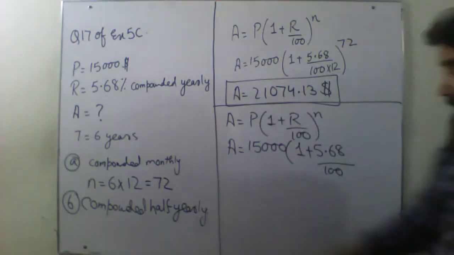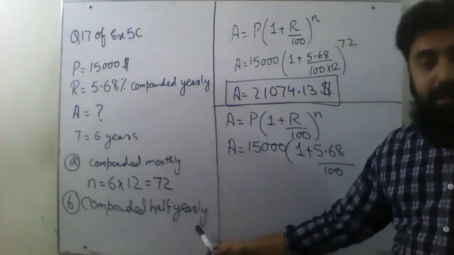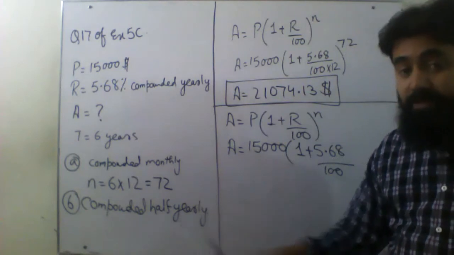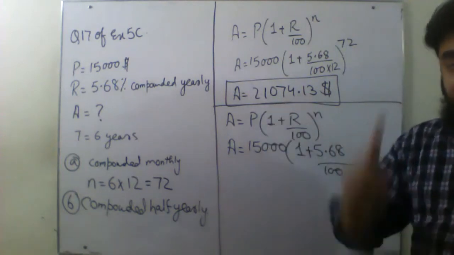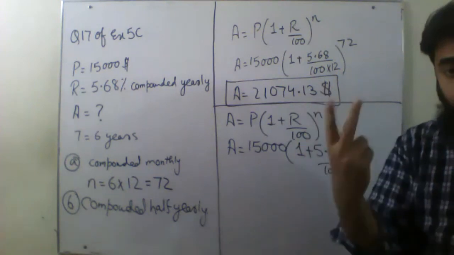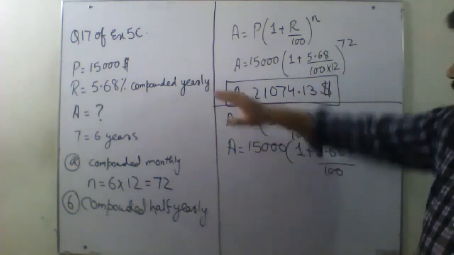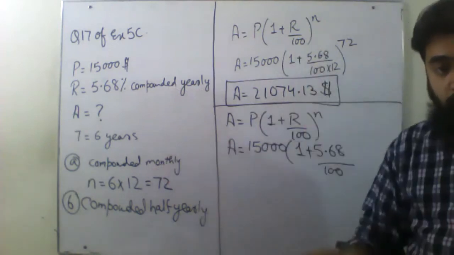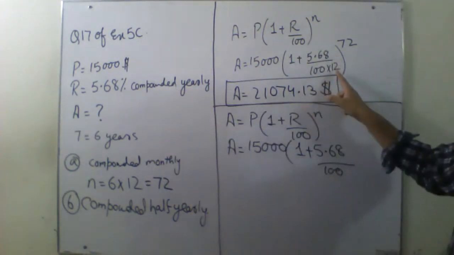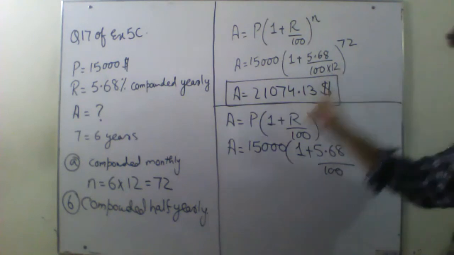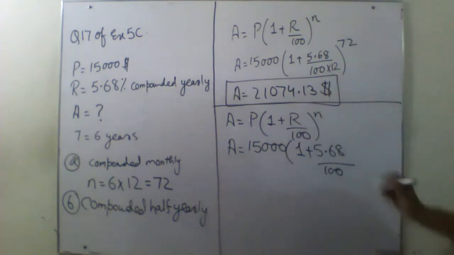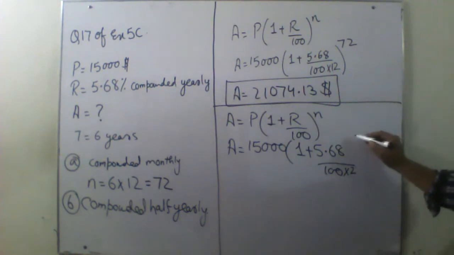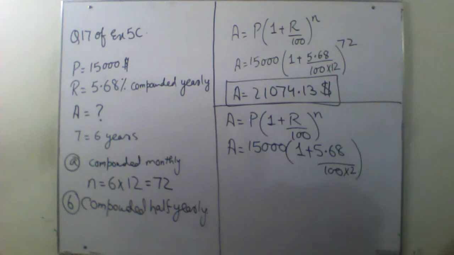So when they say compounded half yearly, what does it mean? It means a single year is divided into 2 equal parts. Over there, they said compounded monthly, so one whole year was divided into 12 equal parts. Over here, it is divided into 2 equal parts. That's why I'm dividing by 2.